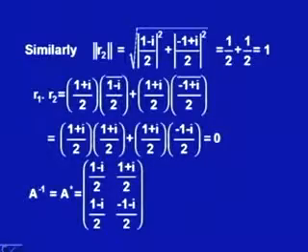Now, before we proceed further, we will verify this. If A inverse is equal to A star, then the product of the two matrices should be the identity. So, we verify this and we calculate A into A star.